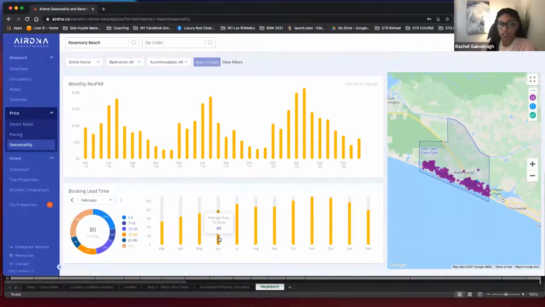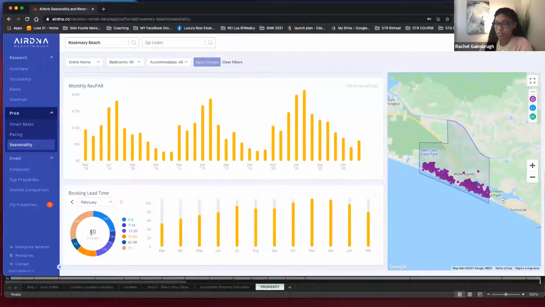So by March, I want to be really looking at June and making sure that I'm manipulating those numbers every single day to not only make myself marketable, but to ensure that I'm getting a part of that profit share during that time. So 80-day lead time in June, 94-day lead time in July, 88-day lead time in August. So about 3 months is the lead time.